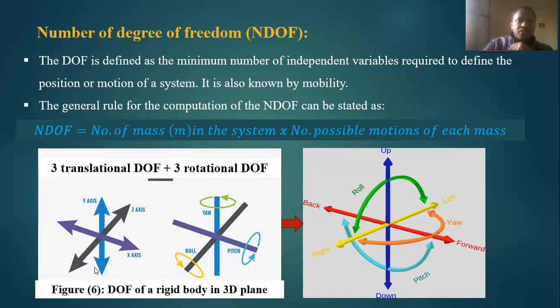So these are the 3 degrees of freedom for a 3D object in space. And there are also rotations about the x-axis, y-axis, and z-axis.